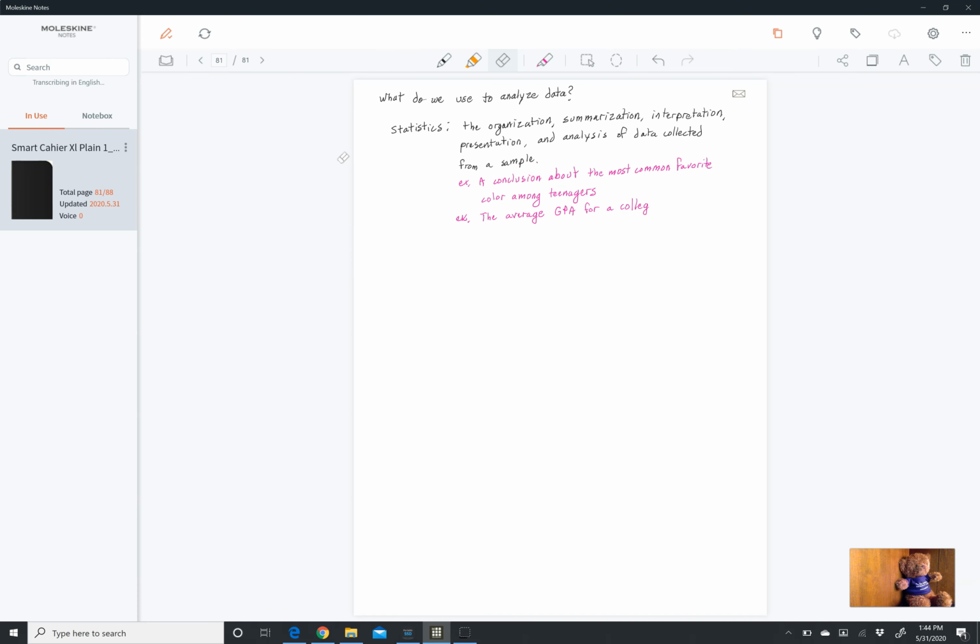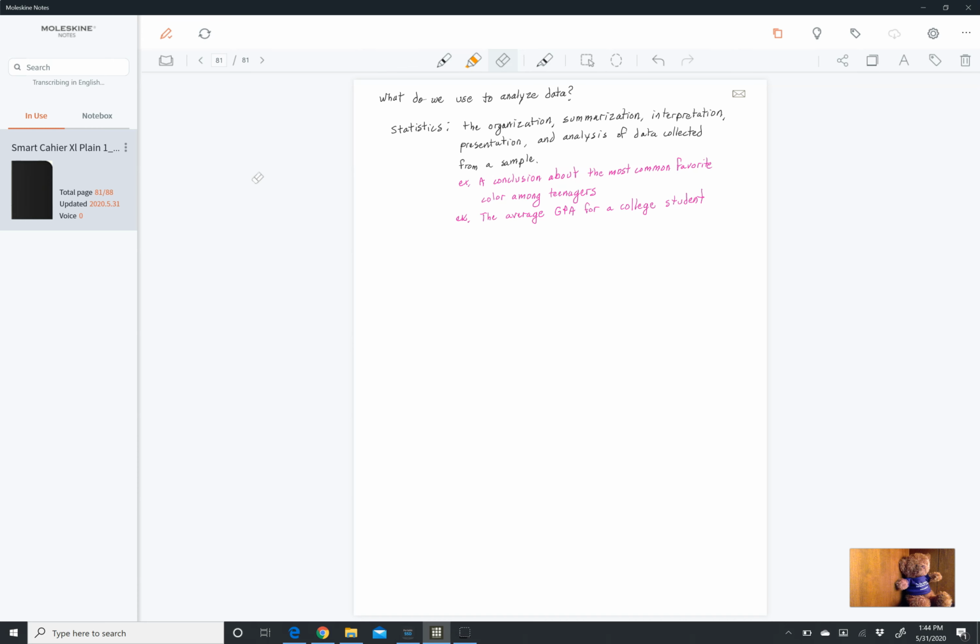Okay, and if we're talking about any college student, then it would be pretty clear that we would not be able to collect from the population. That would be very difficult. Okay, now if we're not collecting from just a sample, if we are capable of collecting from a whole population, then we call it a parameter. So these things would be parameters instead of statistics if we asked every teenager in the world what their favorite color is.